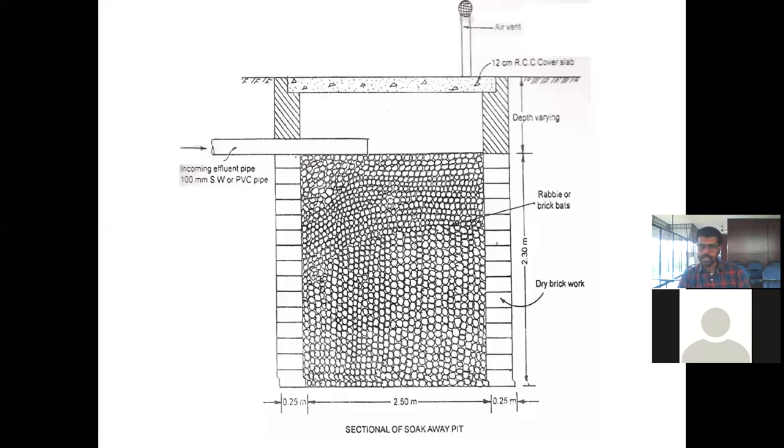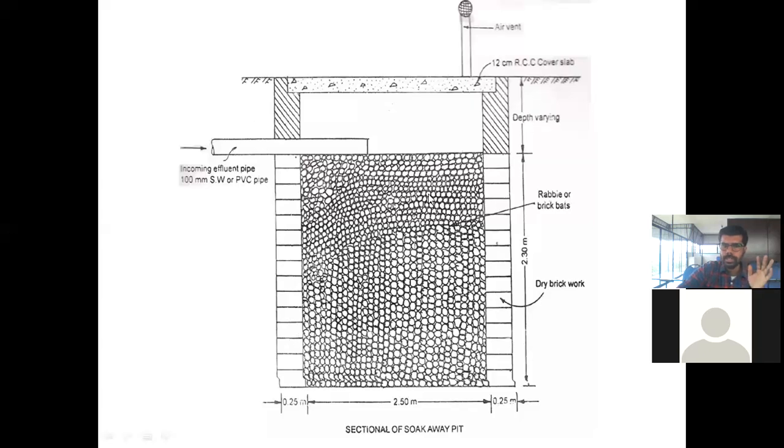When we are giving the section view to the client, the section view of the soak away pit, septic tank, everything has to be given to them. So is there any doubt in this? This is just a simple diagram.